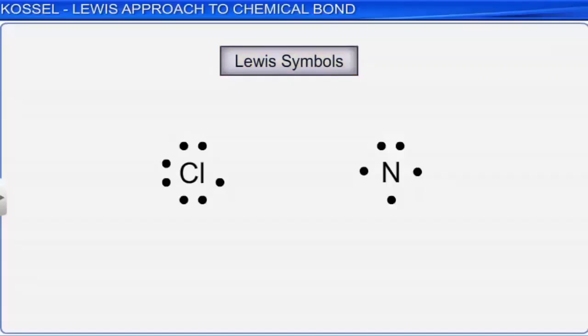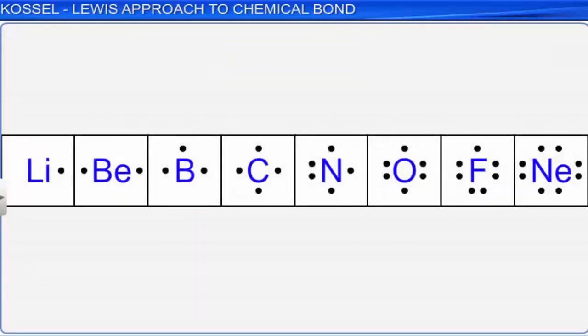As per Lewis symbols, the number of valence electrons of an element are represented as dots around the symbol. Let's look at the Lewis symbols of the elements lithium, beryllium, boron, carbon, nitrogen, oxygen, fluorine, and neon as shown.